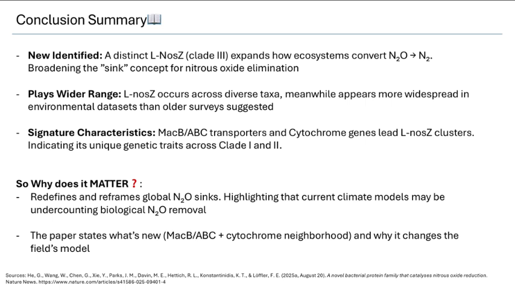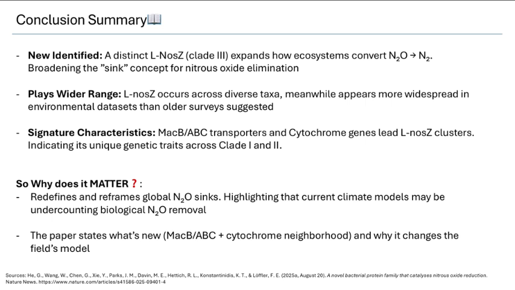The striking genomic pattern is that many L-NOZ clusters lack the unusual NOS accessory genes and instead sit next to the MACB ABC transporters and cytochromes C or B. It's hinting at a different maturation or electron delivery pathway. If that is true, two things follow.